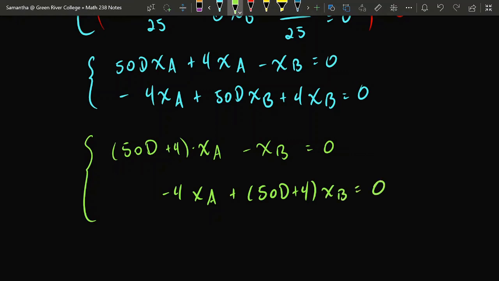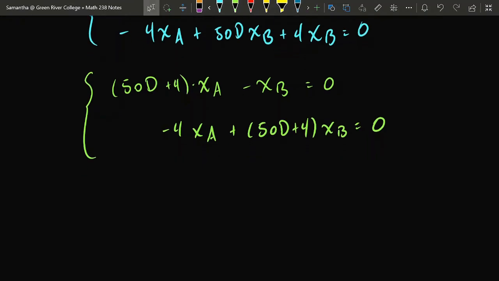Once again, my goal is to manufacture a canceling pair. And it's not quite as simple as it was before. When in doubt, you can always do it in the most aggressive way. You can take the coefficient of xa in the second equation and use it to multiply the first equation.